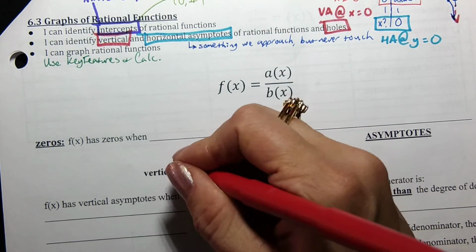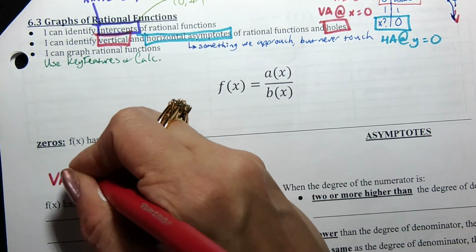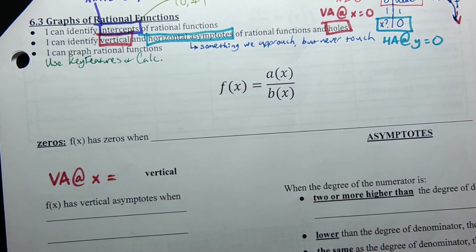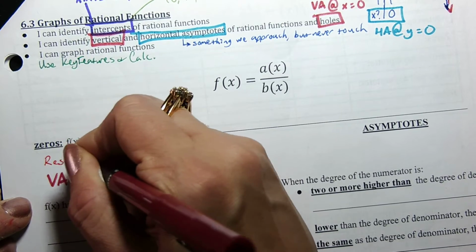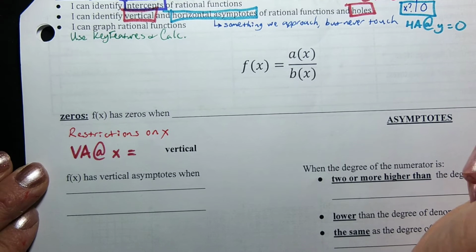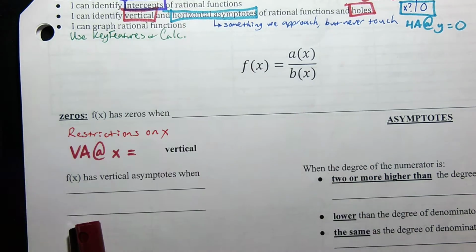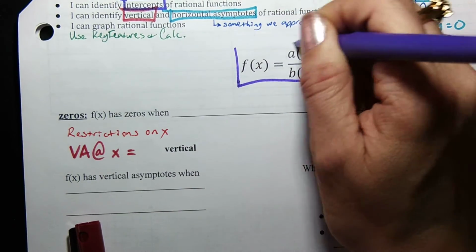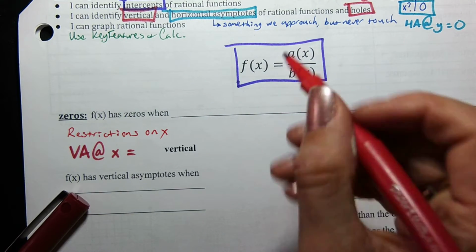Vertical asymptotes, or VAs, are always going to be X equals equations. And these come from any restrictions on X. So if I look at this general setup for what a rational function looks like, the restrictions are going to come from the denominator.